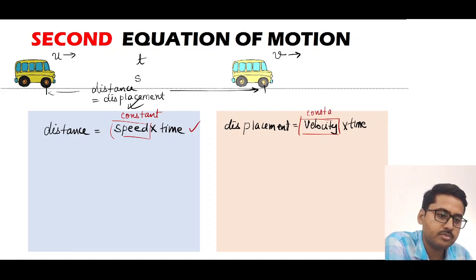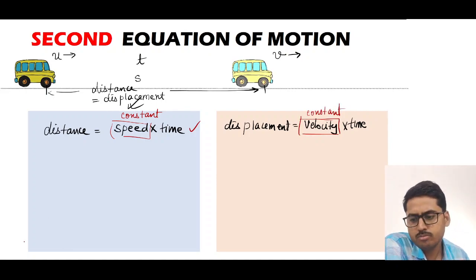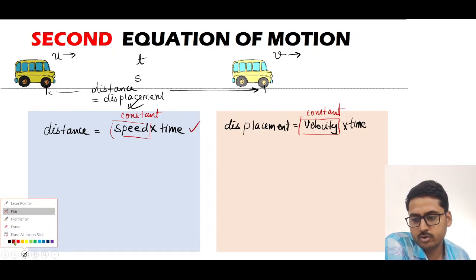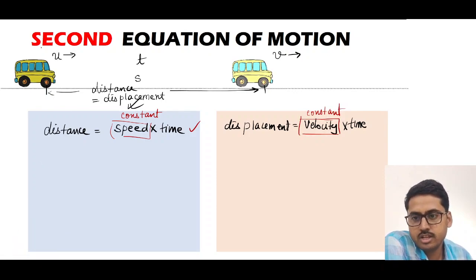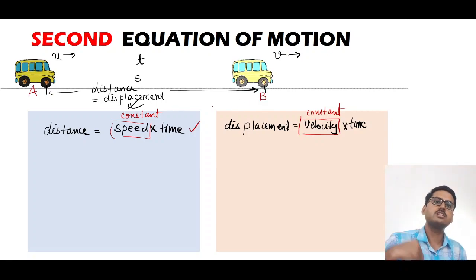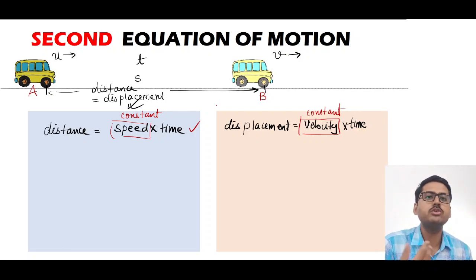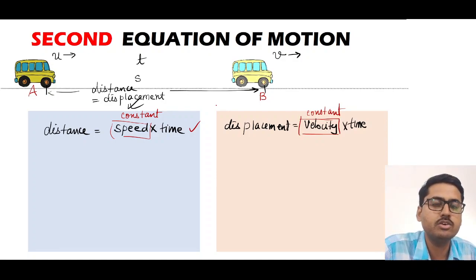But objects usually do not move at constant speed. For example, in the example of the bus moving from point A to B, the speed was not constant. The bus was accelerating, meaning the speed was changing from 0, 10, 20, 30, 40. So what speed will you take? Will you take 10 or 20 or 30?